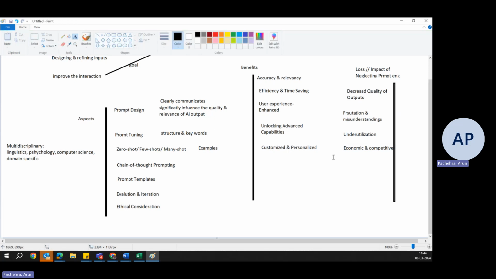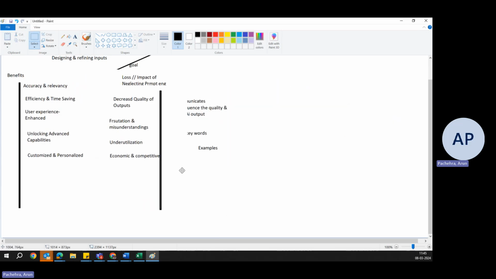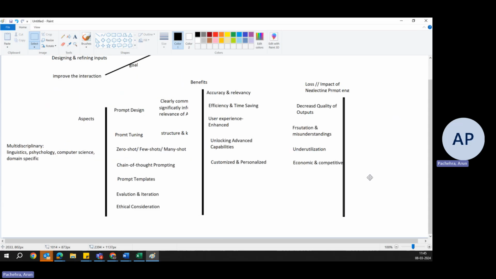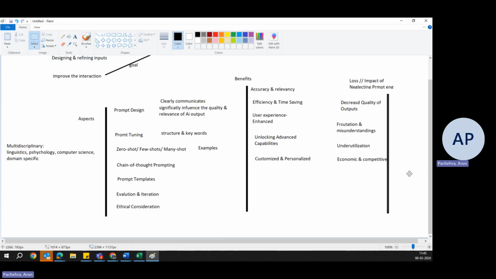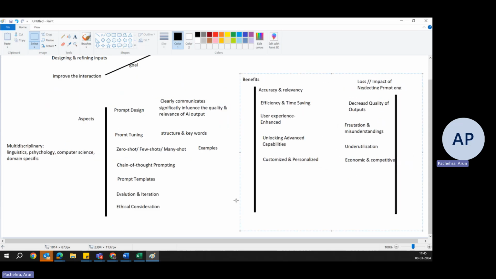All right, so we are very, very much touched by prompt engineering. Maybe you guys were thinking it's nothing, but now we know it's not nothing. If you know, you would have all the benefits, and you can save yourself from the impact of neglecting it. And that's how you can achieve it.